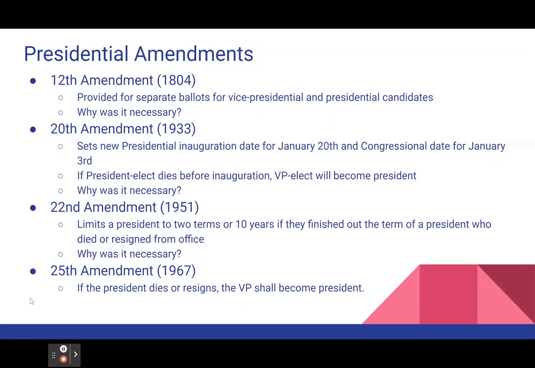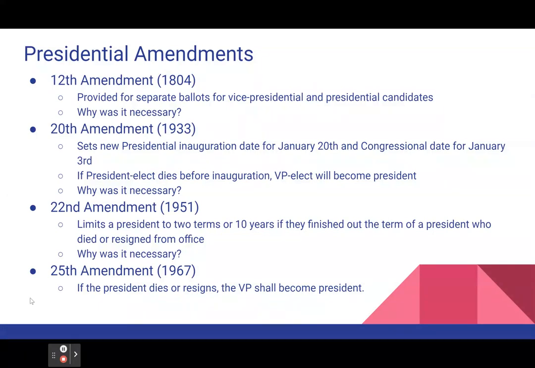The 25th Amendment basically says if the president dies or resigns, the VP shall become president. But also, if the VP becomes president, that new president will then nominate someone to become vice president, and Congress will have to approve with a majority vote.